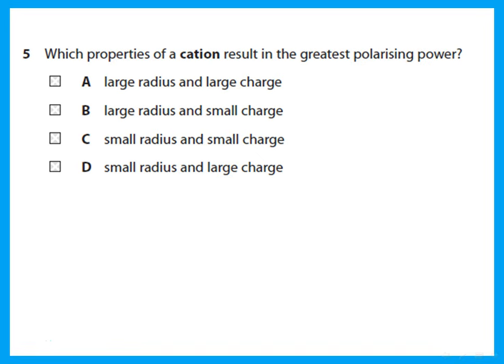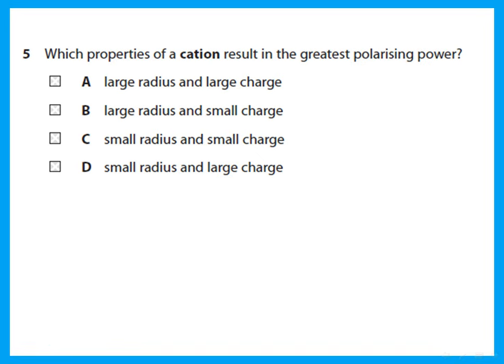Okay, which properties of a cation result in the greatest polarizing power? Remember, we said polarizing power is the ability of the cation to attract the negative ion to itself so that it polarizes or distorts the electron cloud around the anion.